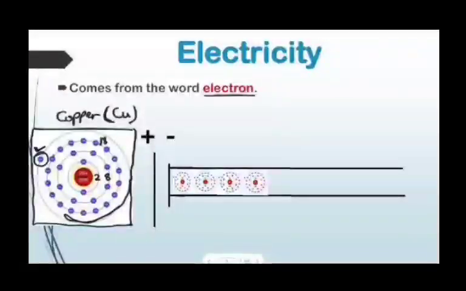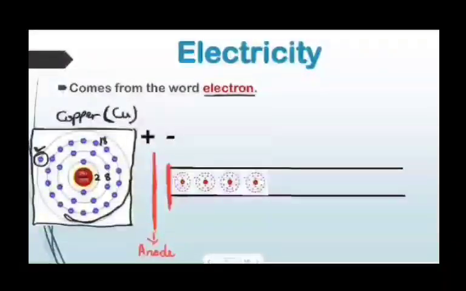Now look here. Do you see these 2 lines that I've made? One is short and one is long. The longer one is the positively charged electrode, and the positively charged electrode is called the anode.